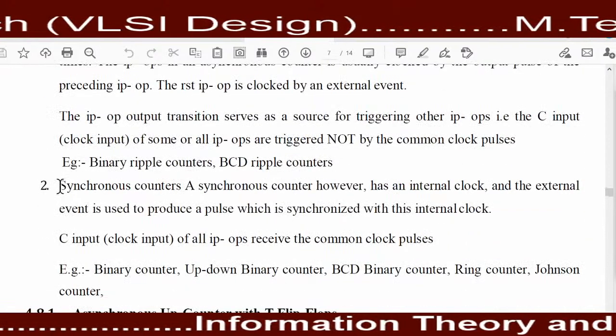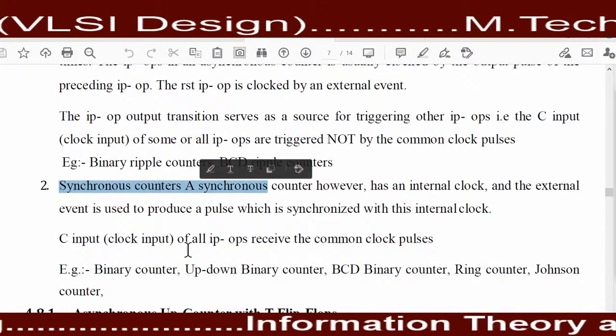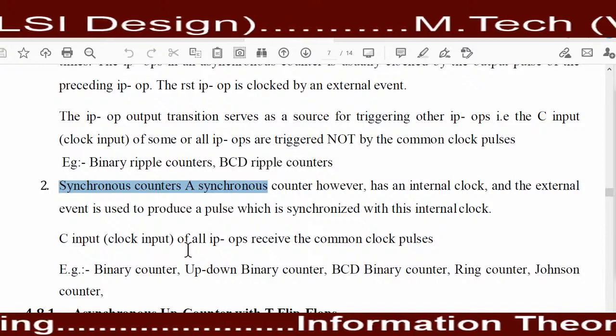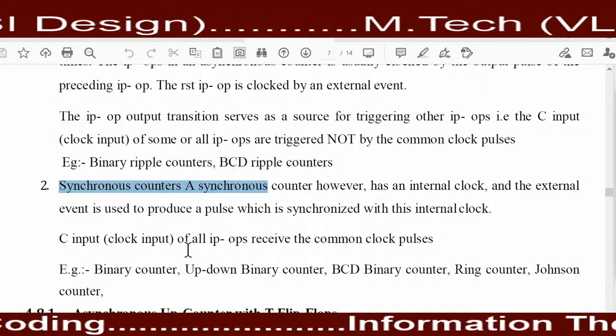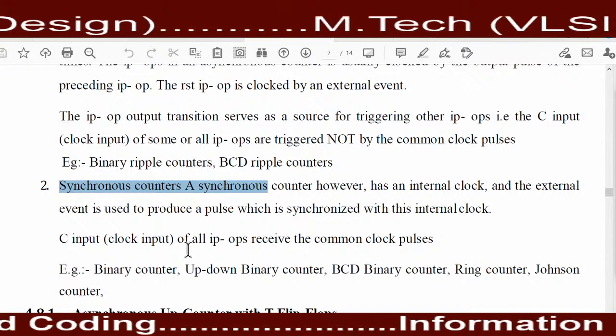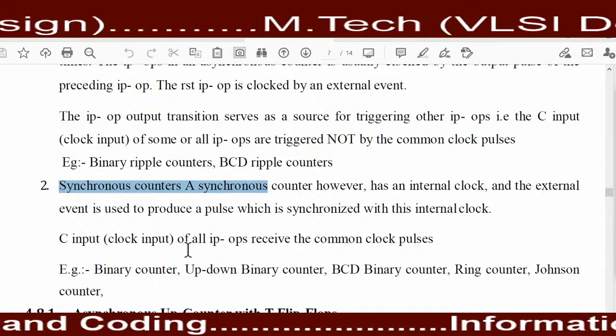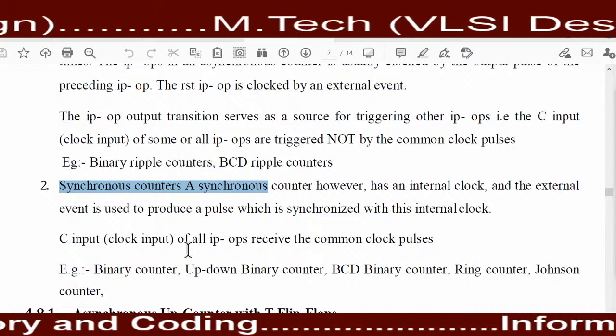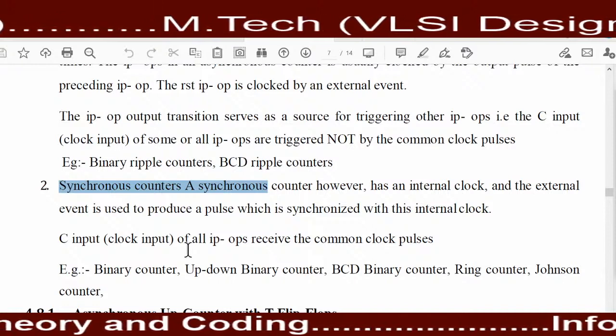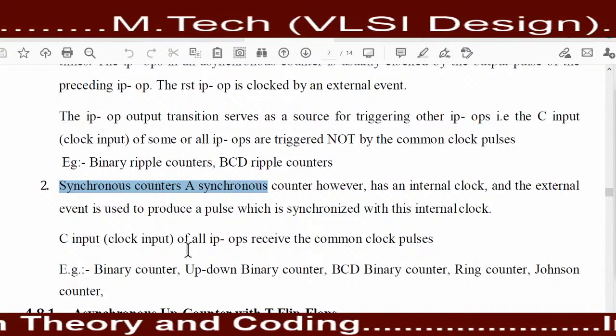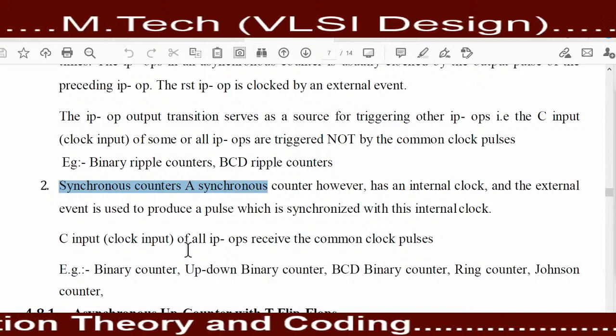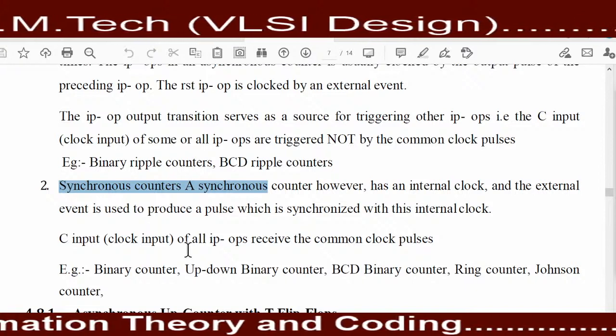Okay. Now the second type of counter is the synchronous counter. As the name suggests, a synchronous counter is one in which all clock pulses are in synchronized form. Now what is the meaning of synchronized form? Synchronized form means all flip-flops get the clock pulse in the same time interval.